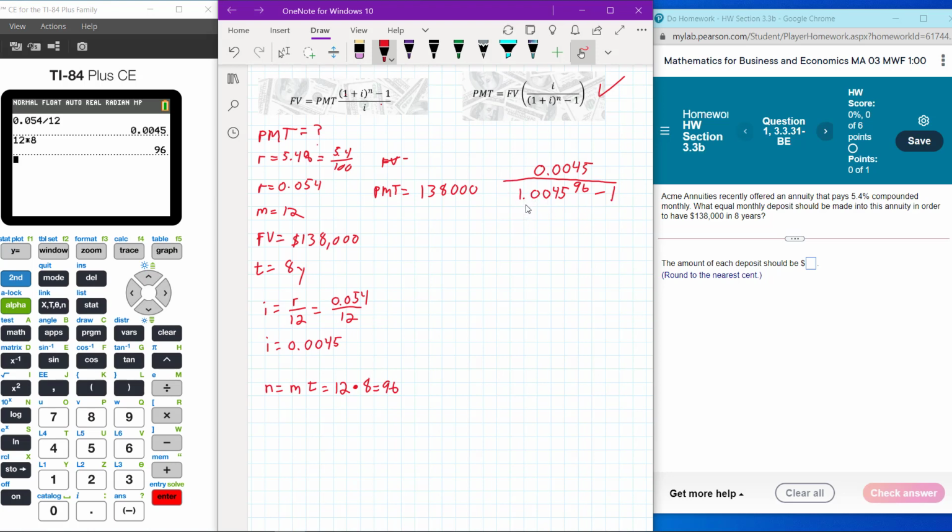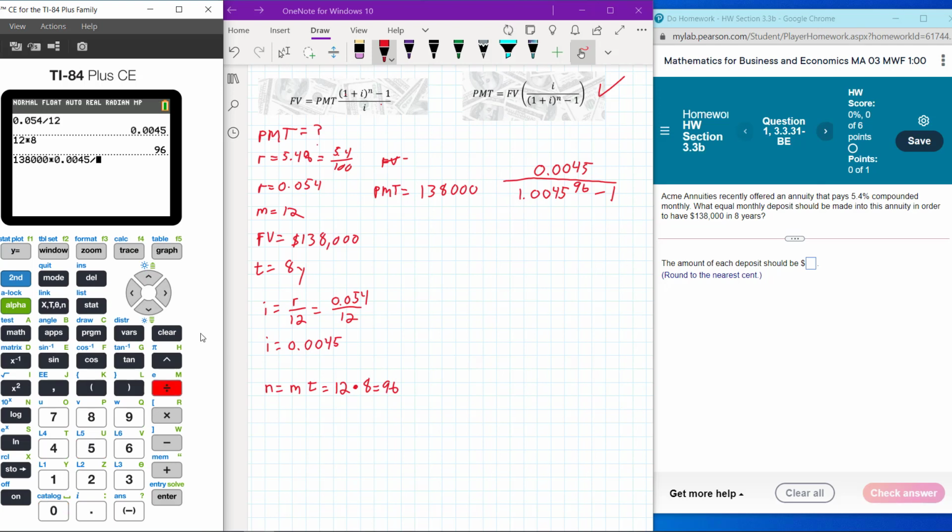How am I going to do this? I'm basically going to do this straight on. I'll enter 138,000 times 0.0045 divided by.